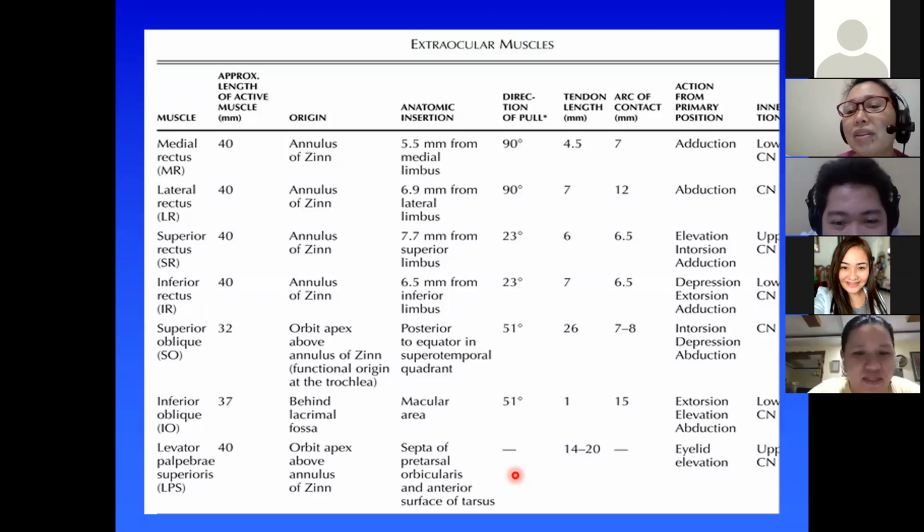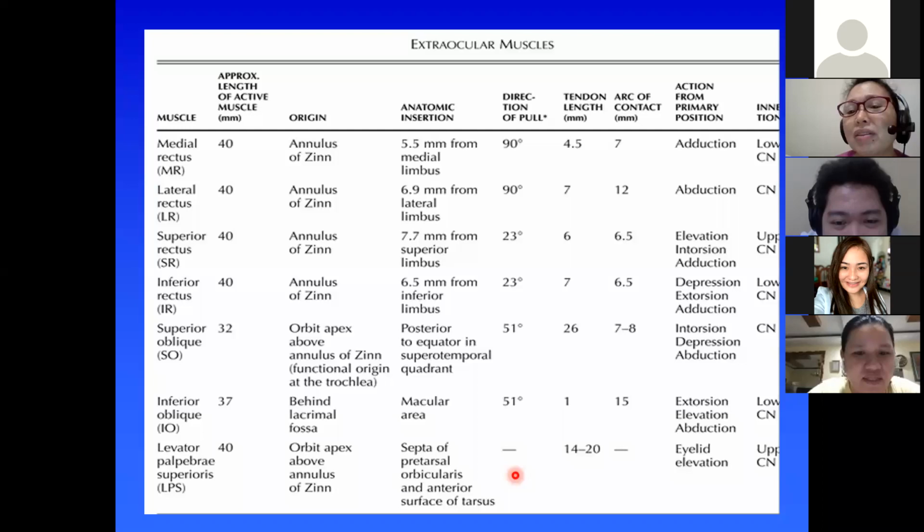So, all muscles originate from your annulus. Yan ang muscle cone, your muscle cone.